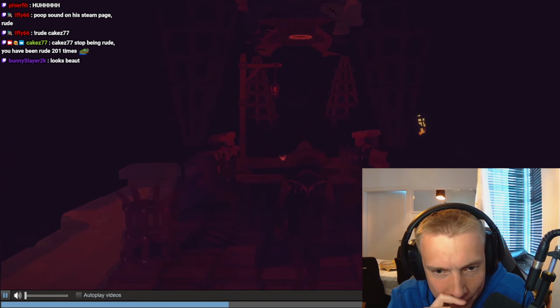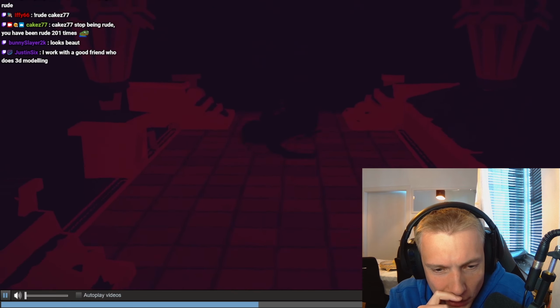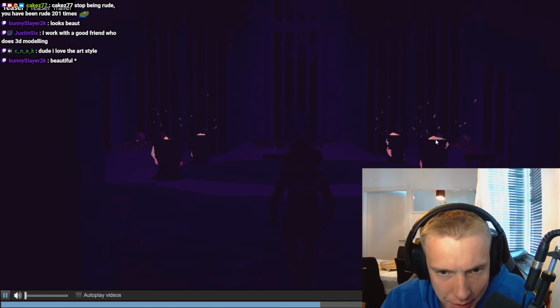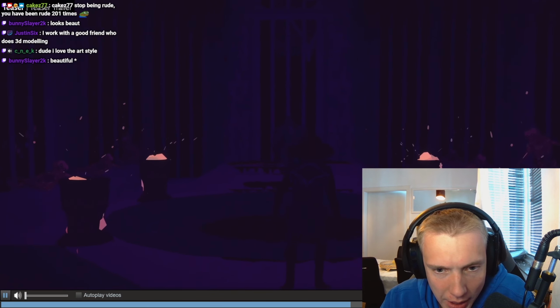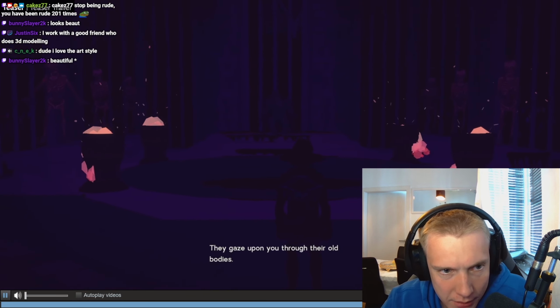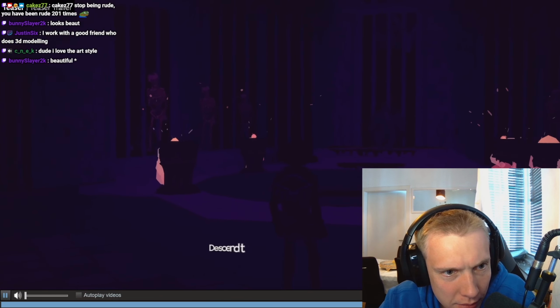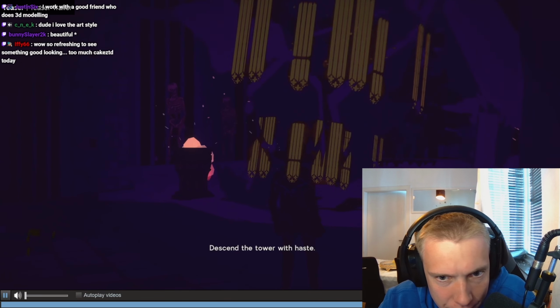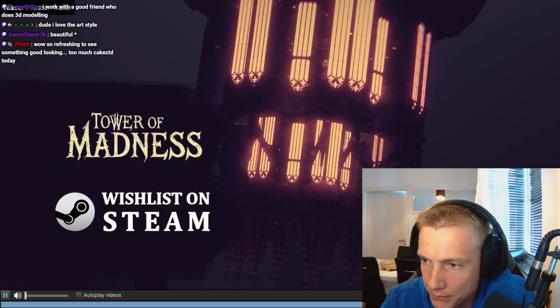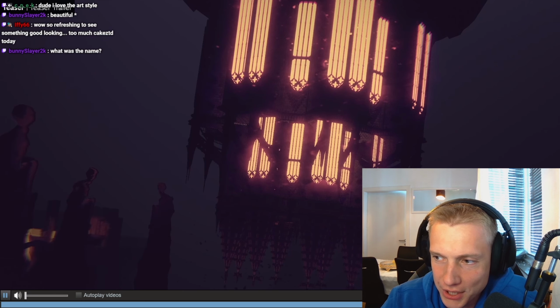Damn. The character feels a little floaty. Is that on purpose? Is there no inverse kinematics in Unity? Is this Unity? Or is this your own game? Oh, these are skeletons. Tower of Madness. Wishlist on Steam. Awesome. Wow, so refreshing to see something good looking.